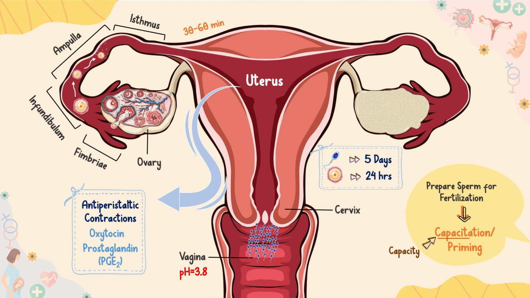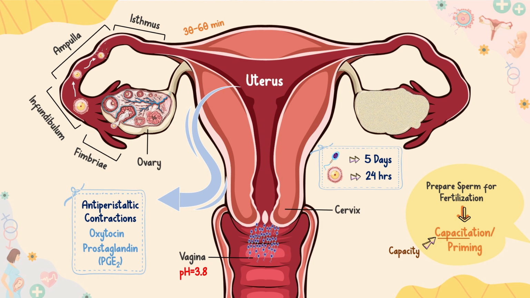The word capacitation is from capacity. As sperms undergo this process in order to have the capacity to fertilize the ovum, if they reach the oocyte before capacitation is complete, they will be unable to penetrate the oocyte's thick outer layer of cells.